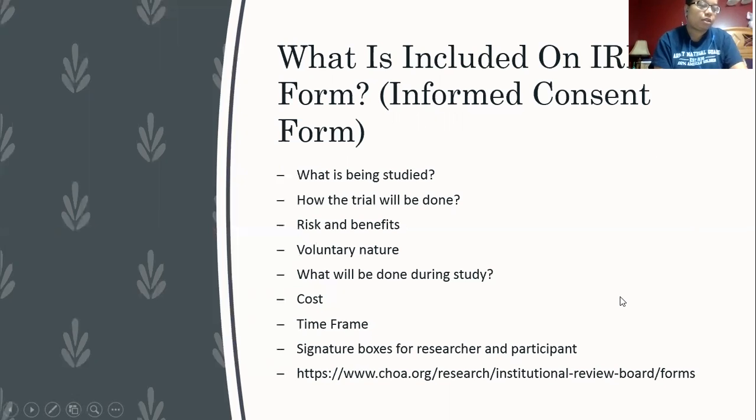Things included in the institutional review board application, or in this case, the informed consent form, are what the trial is studying, how the trial would be conducted, risks and benefits for the participant, confidentiality regulations, voluntary nature, what will be done during the study, how much the study costs, who sees and collects the data, how long the study will take and last, and signature boxes for both the patient and the researcher.